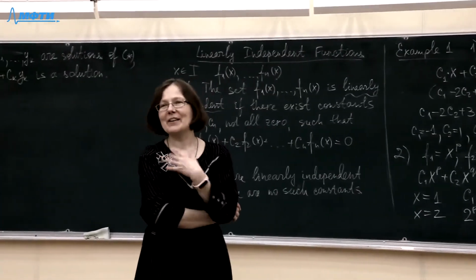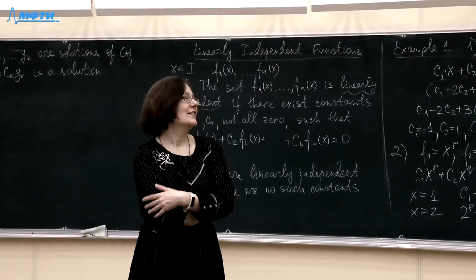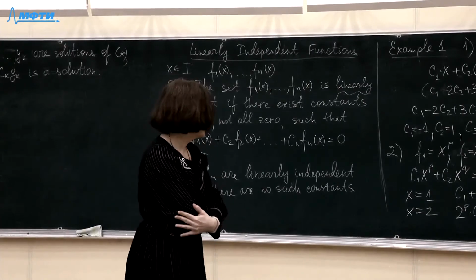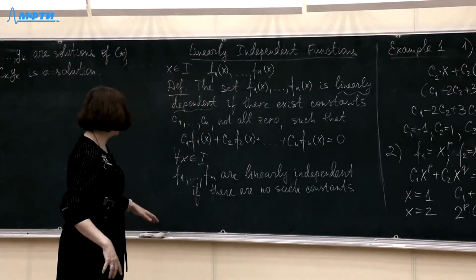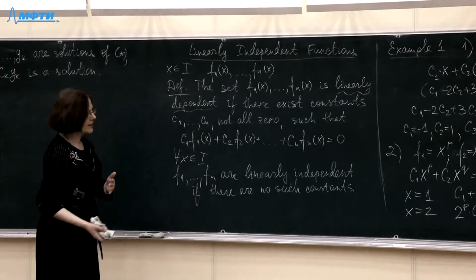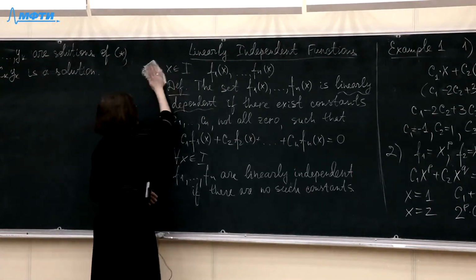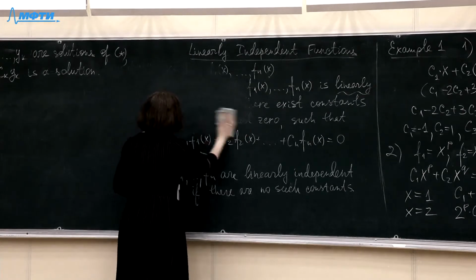If we are given many functions, we need to have an algorithm to check this. And it will be given by the Wronskian. So now we will need the theory of Wronskians, and I will discuss it.